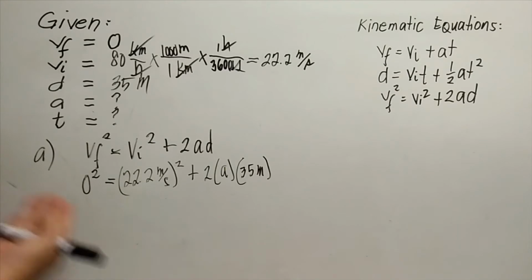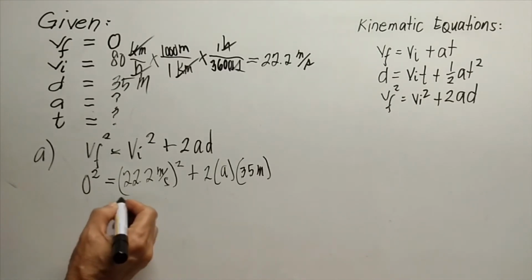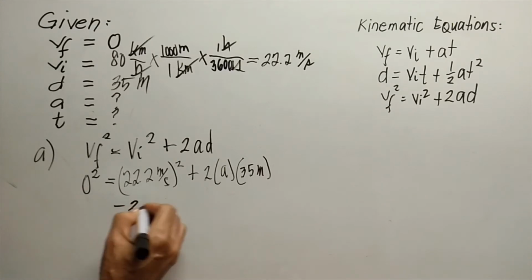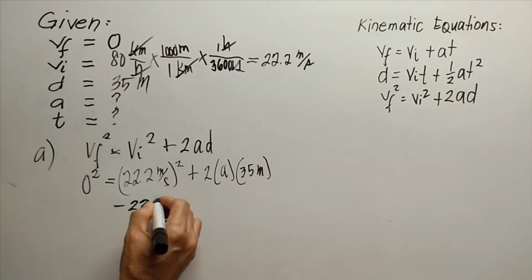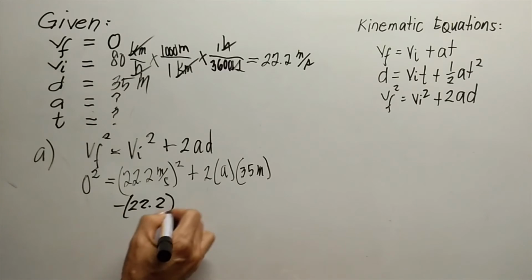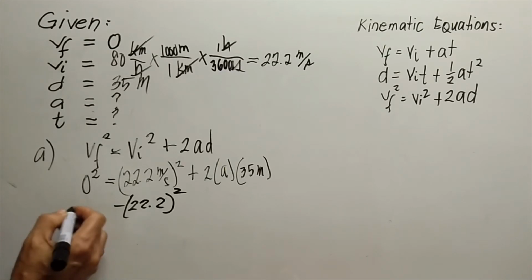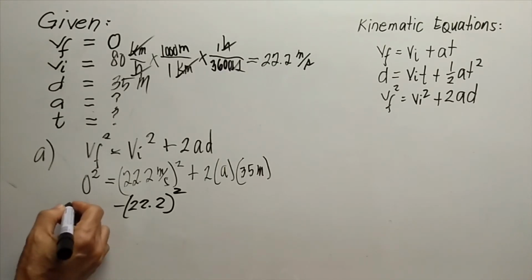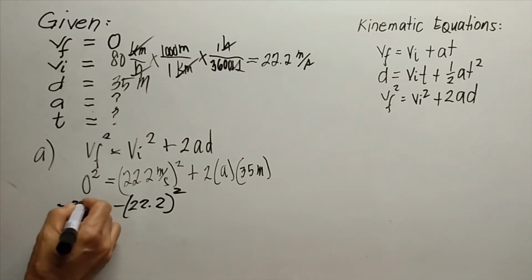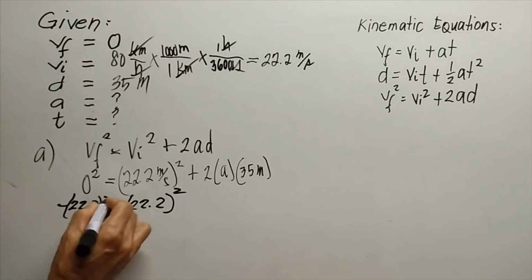Transposing this value to the other side of the equation symbol, this will be minus 22.2 squared. We'll also do the same thing to the other side of the equation symbol. So this will be minus 22.2 squared.